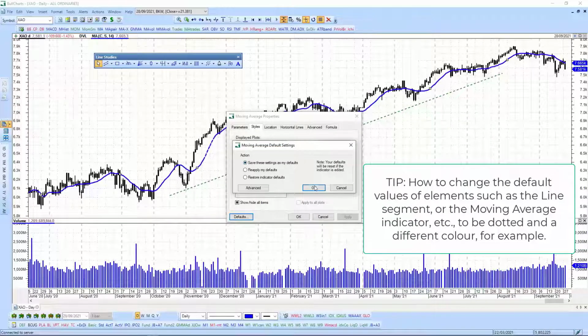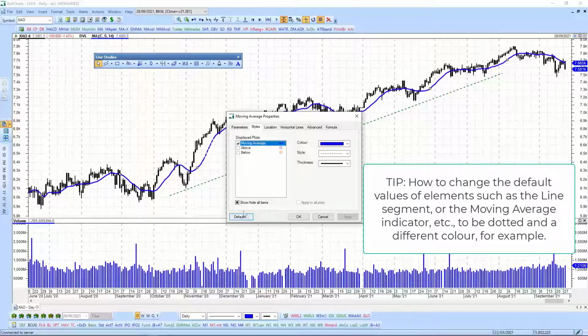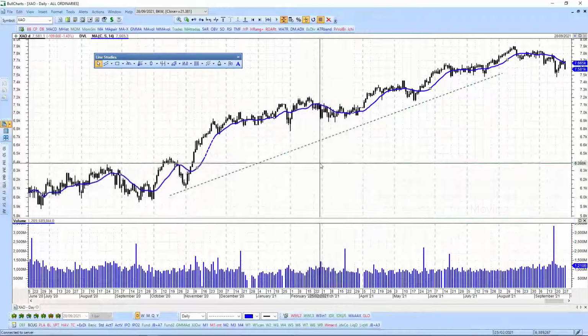Save these settings as my defaults. That defaults button in the bottom left corner will change it so that all future times where you apply this, that's how it'll be.